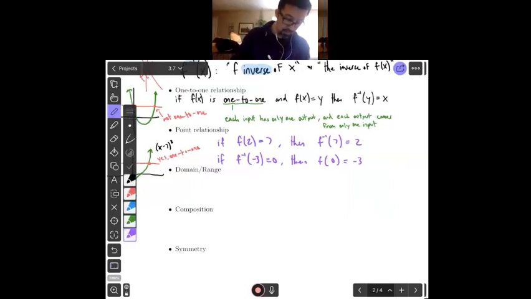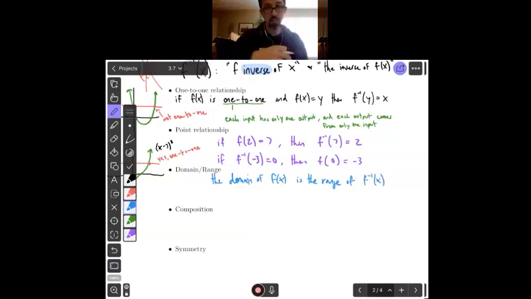Okay, so the domain of f of x is the range of f inverse. So it's basically just taking the last relationship and just expanding it, saying, well, if it's just those x's, it's also all of the x's, right? And then kind of vice versa, the range of f of x is the domain of f inverse.